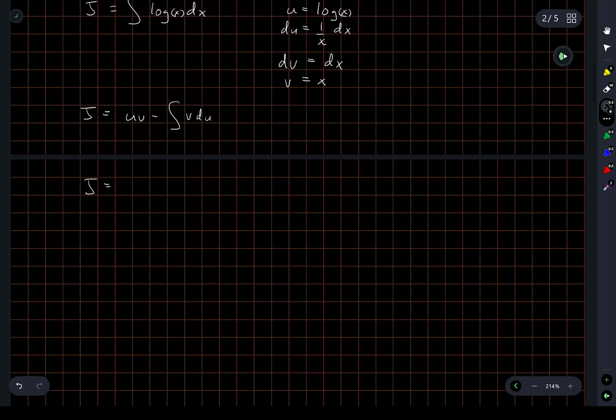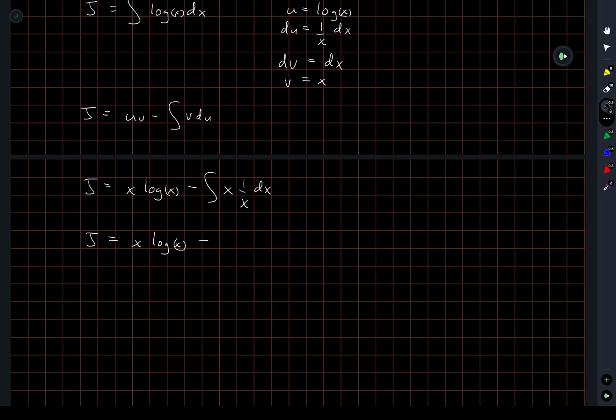So u times v is x log x. The integral of x times 1 over x dx, so I have some simple cancellation here. So j is equal to x log x minus the integral of 1 dx, which is just x.